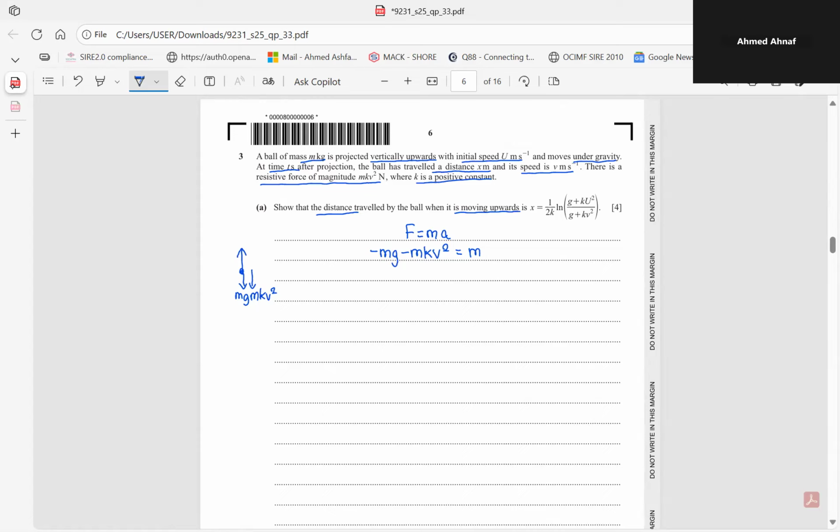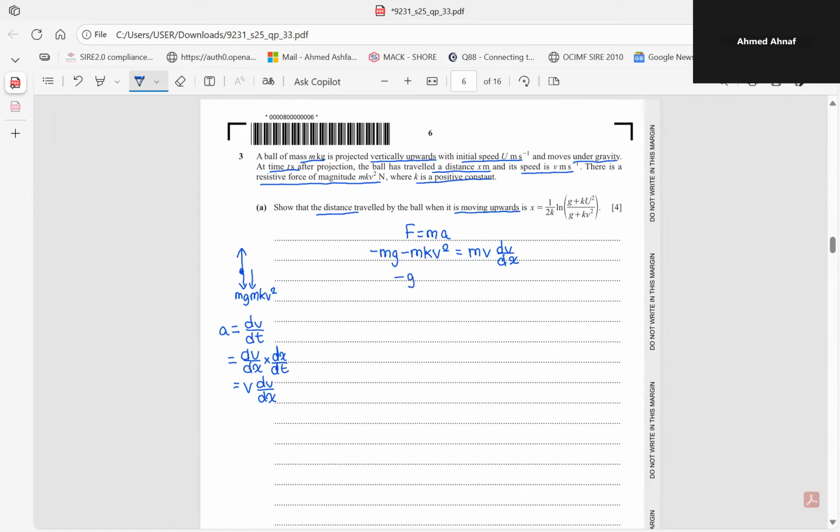And for a, we can actually use the fact that a is equal to dv dt. And then we can use our chain rule to re-express this as dv dx times dx dt. And dx dt, that is just v. So this is just v times dv over dx. So this is mv dv dx. Okay, so we can cancel the m out.